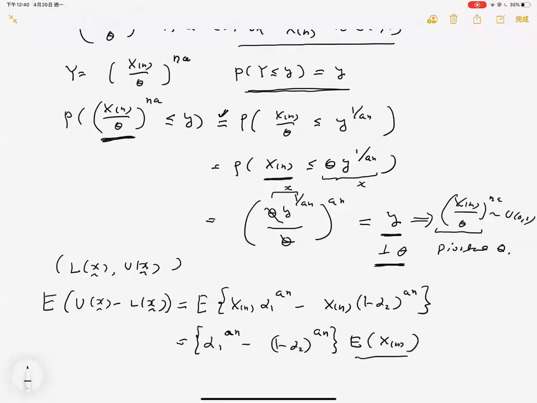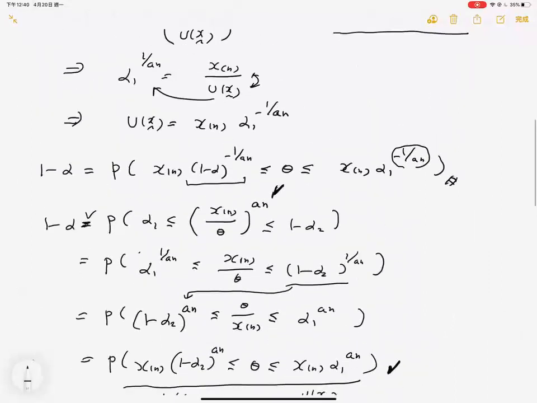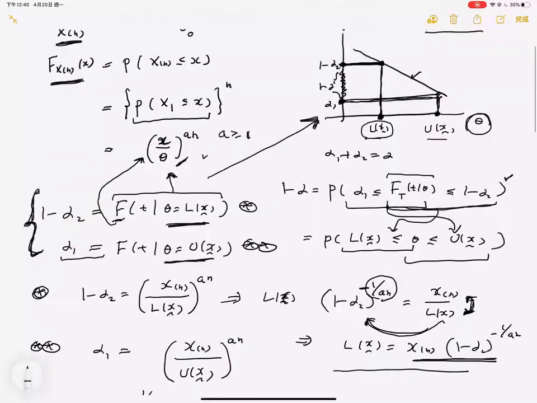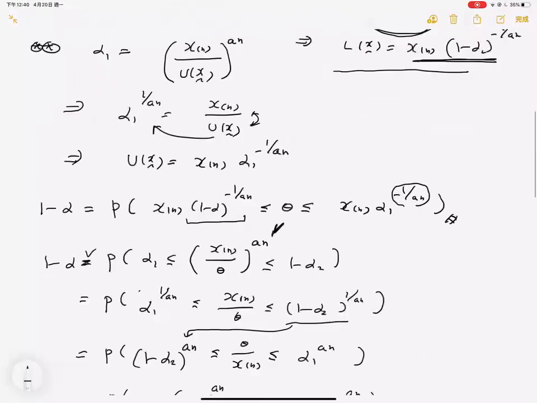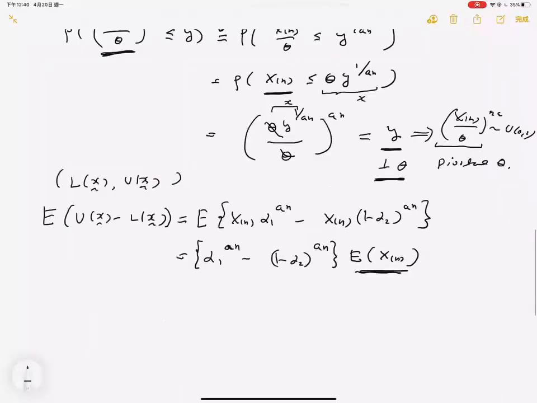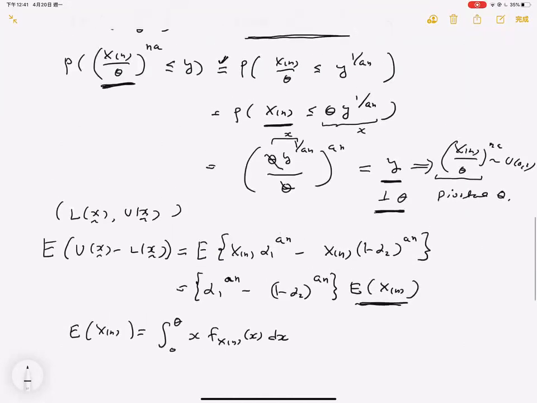Then how to do this? You go back to the original x_n CDF. Okay, you do the CDF right here, as well as the PDF. Expected x_n, with x_n ranging from 0 to theta, I think. Then x times f of x_n, the PDF based on the x_n CDF.